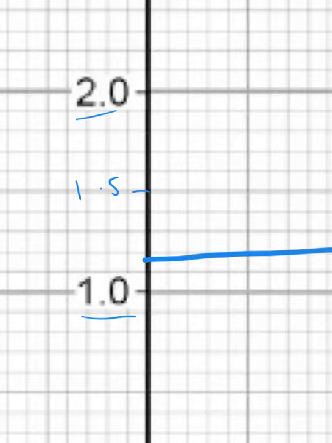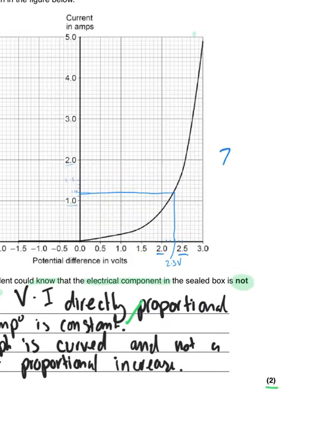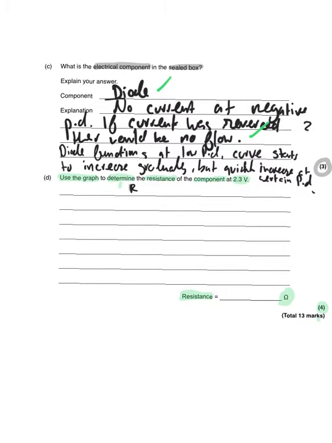And then I've got 1.1, 1.2, 1.3, 1.4. The line, I've not drawn it very accurately, but comes all the way across to 1.2 amps. So now I've got 2 numbers to work with. I've got 2.3 volts and I've got 1.2 amps. And take those back to here. So I've got 2.3 volts, I've got 1.3 amps.